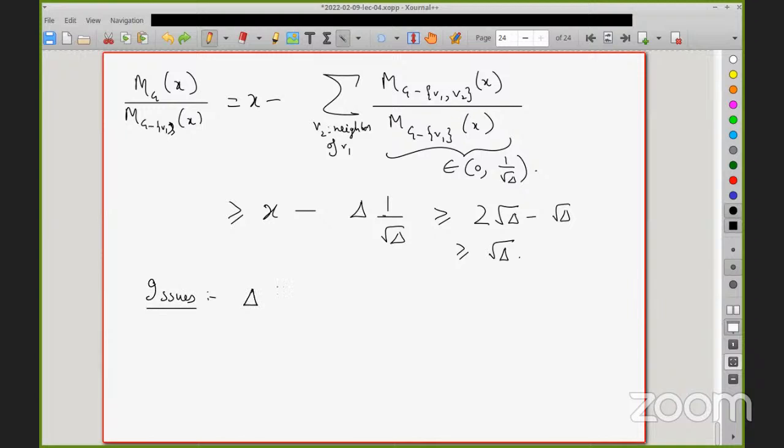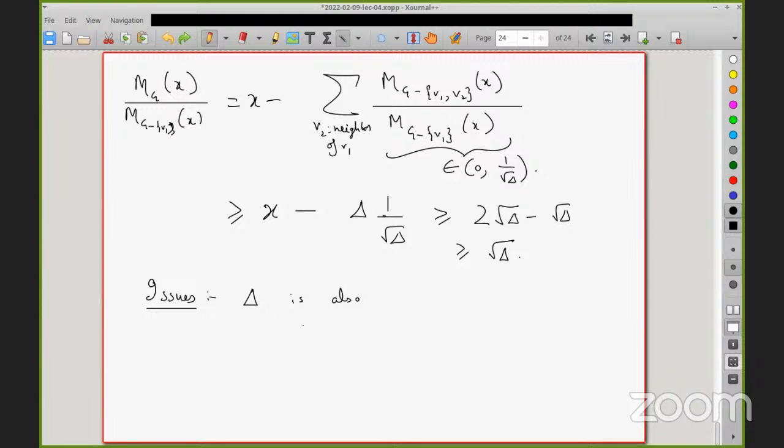Delta is changing. What Siddharth suggests, what is wrong with choosing the minimum? I mean, this V1 was arbitrary, right? Exactly. So we'll do something slightly, exactly the same kind of thing.